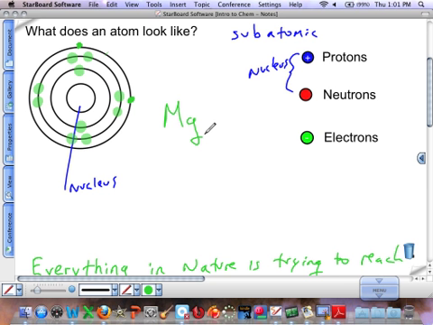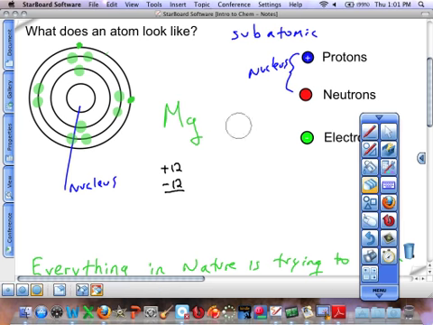Okay, so now I want you to notice, right now we're sitting at positive 12 protons and negative 12 electrons, right? So our net gain is 0. Pretty happy. But again, we're not really happy because we want to have a full outer shell. So magnesium tends to get rid of those 2 electrons and basically transfers those off to another atom or another element.